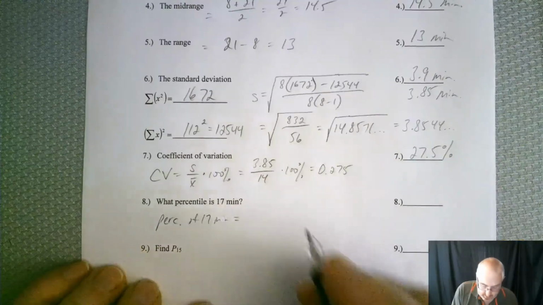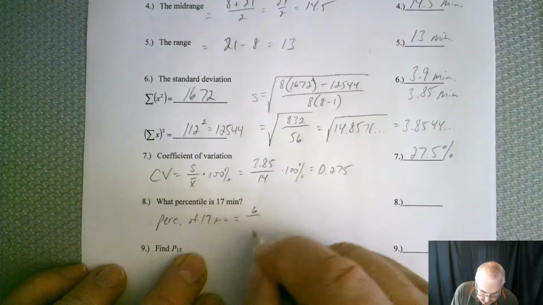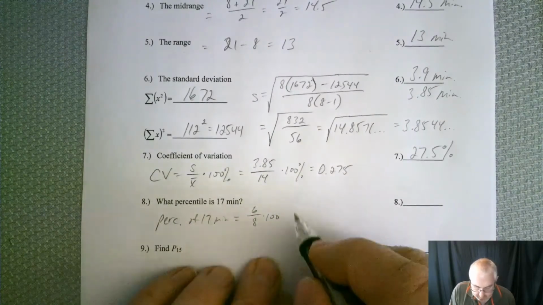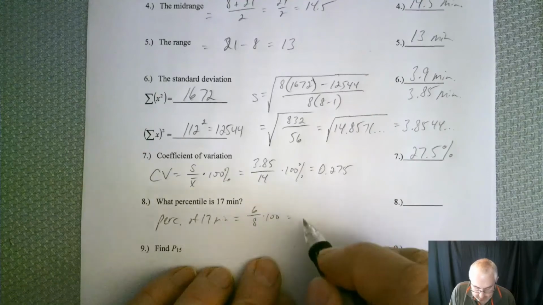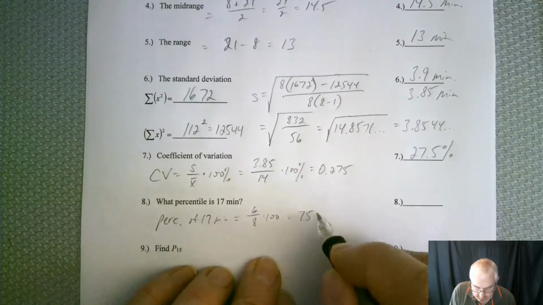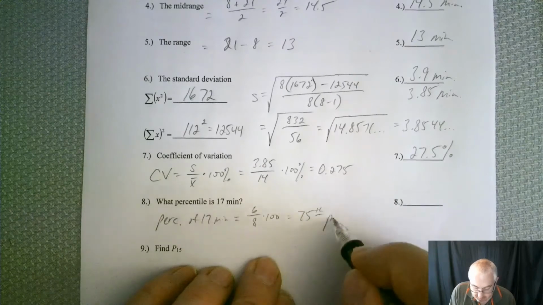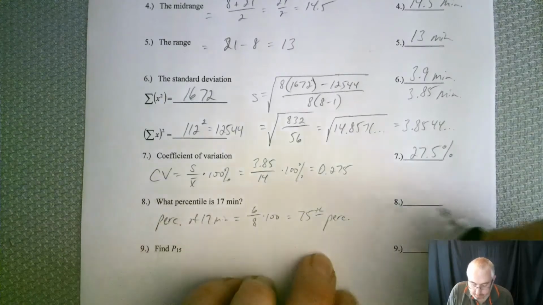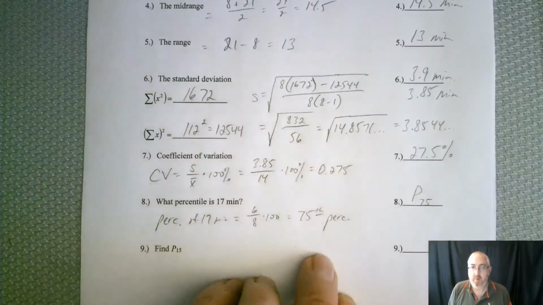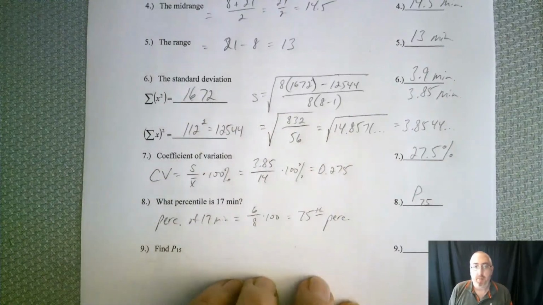So that is going to be the top. There was a total of 8 numbers on the bottom. So that gives us a nice answer of 75. So the 75th percentile, but we can do that in a much more concise notation if we use the P's, so P75.